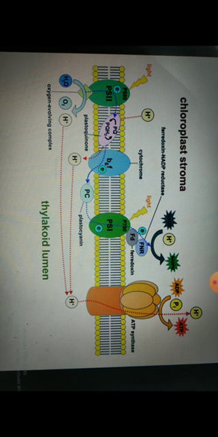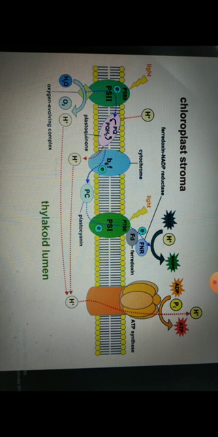It is also known as the F0F1 complex. F0 is also known as the tail, and F1 is the head of this complex. These protons move through the F0 tail, and when they are released from the thylakoid lumen into the chloroplast stroma, they release energy. That energy is used for the synthesis of ATP.